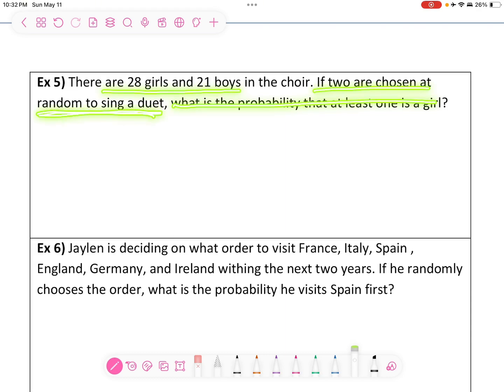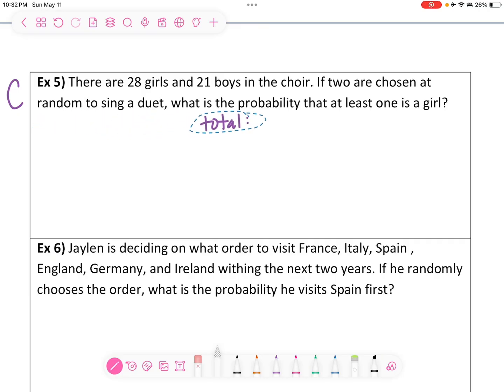Okay, is that permutation or combination? Well, 2 are chosen at random. It doesn't say there's any specific title to the 2 that are chosen, no order to it, so that's definitely going to be a combination. Okay, so for our total, let me write the N and R first. Getting ahead of myself.